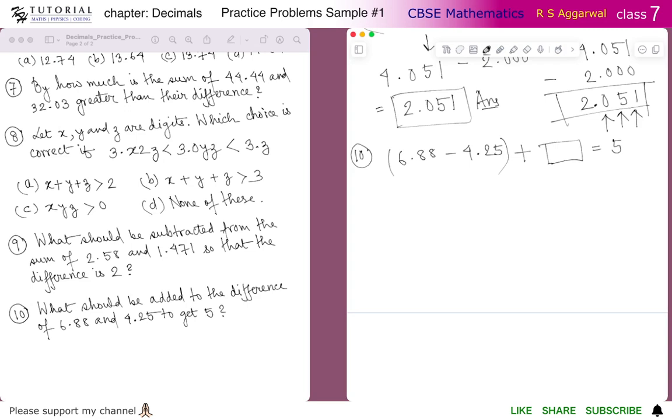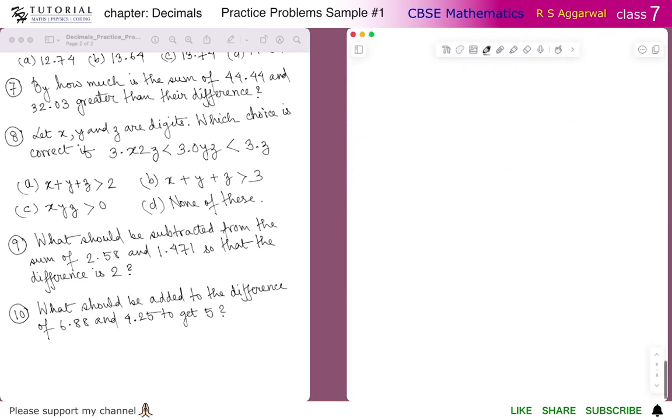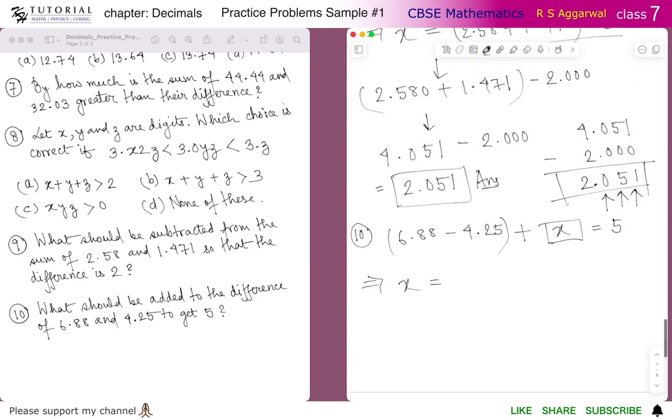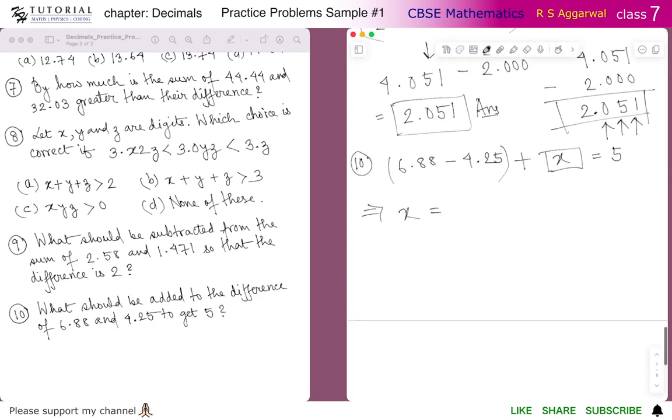If this is x, we know that x will become 5 minus 6.88 minus 4.25. So this is the value that we have to evaluate. That will be the result.